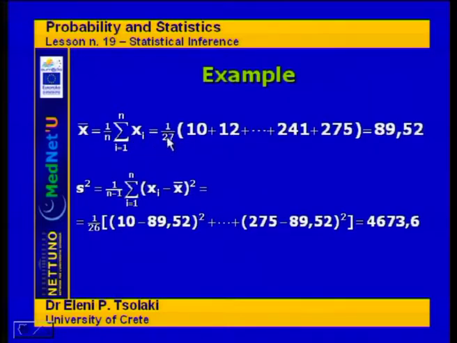We had 27 data. So the sample mean for this sample was 89.52, and the sample variance is 4,673.6. Also, the sample standard deviation, we take the square root, is 68.36.